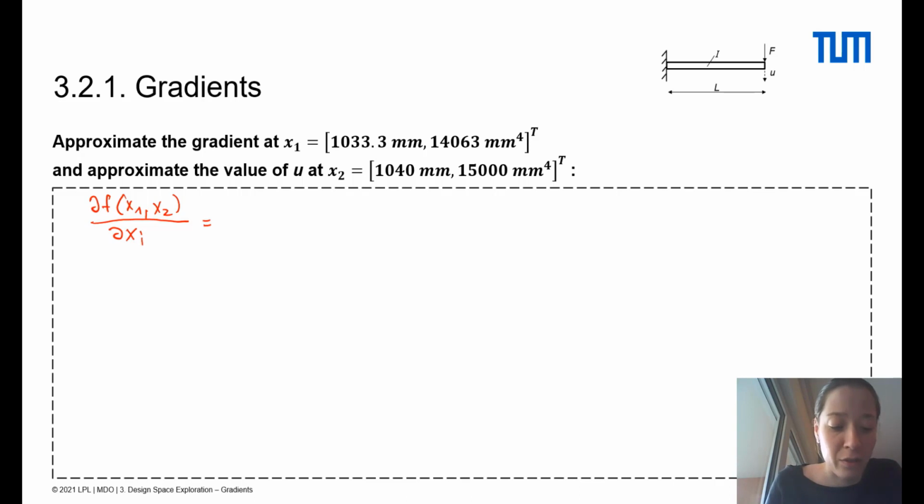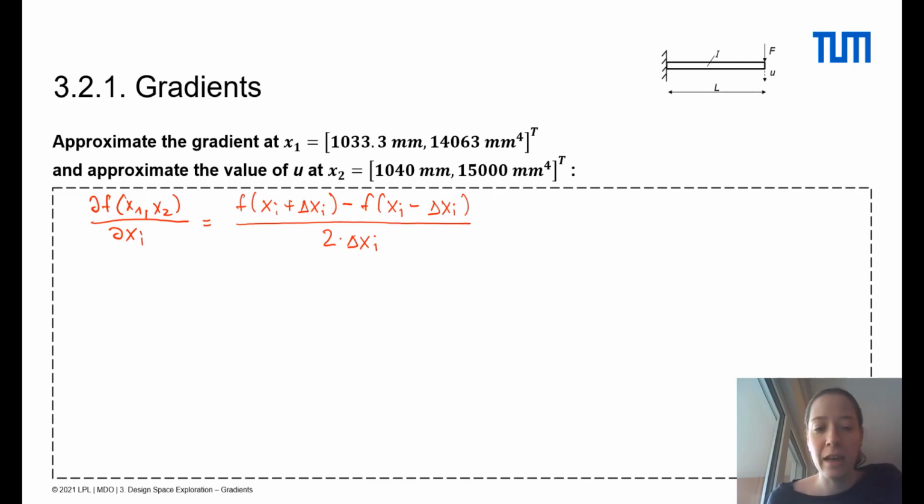So the partial derivative of f with respect to the design variable xi is f of xi plus delta xi minus f of xi minus delta xi, so that's the two neighboring points, and we divide it by 2 times delta xi. So we take the rows that we indicated on the previous slide, and we're gonna write them down here again.